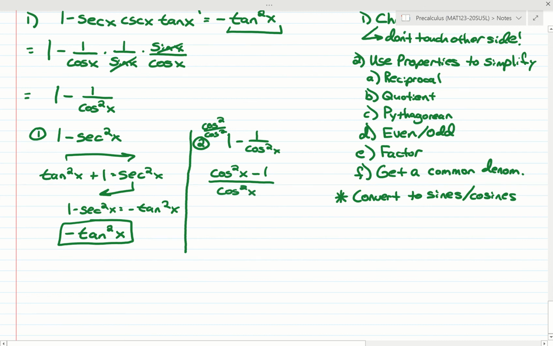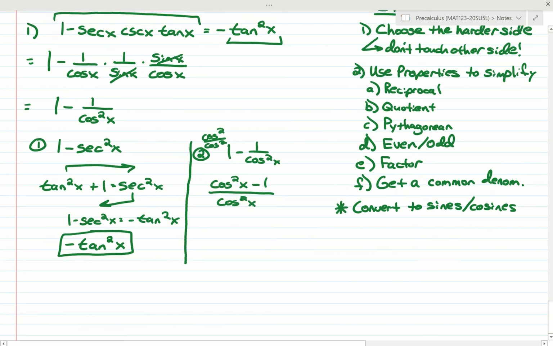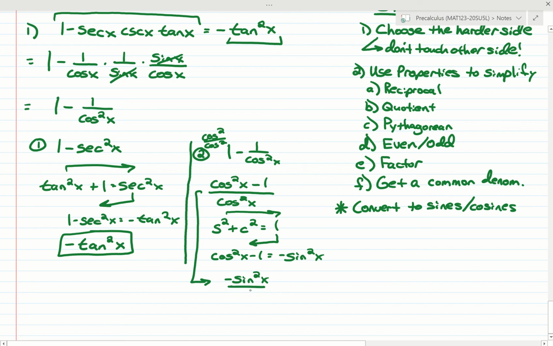Well, to get tangent squared, somehow we have to get a sine squared on top. And if sine squared plus cosine squared is 1, if we subtract 1 on both sides and bring the sine over, that would mean that cosine squared of x minus 1 is equal to negative sine squared of x. So this turns into negative sine squared of x over cosine squared of x, which is negative tangent squared of x.